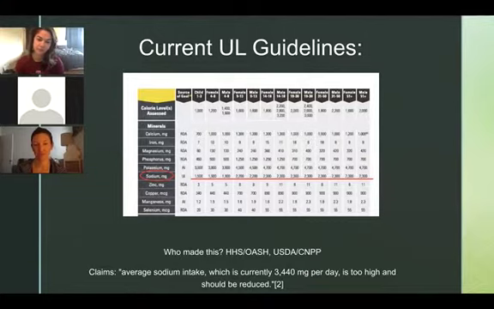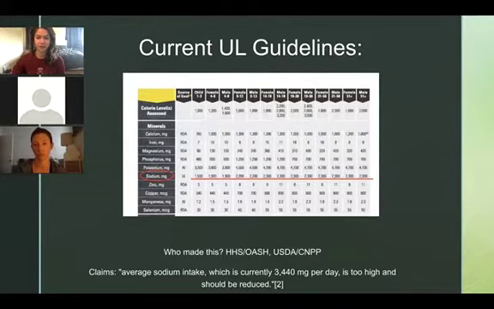And then that lowers as you get older, like 50 to 70 is 1,300, and 70 years and up, it goes down to 1,200 milligrams of sodium. But the average sodium intake is currently like 3,440 milligrams per day. Mm-hmm. And people think that's too high and it should be reduced.